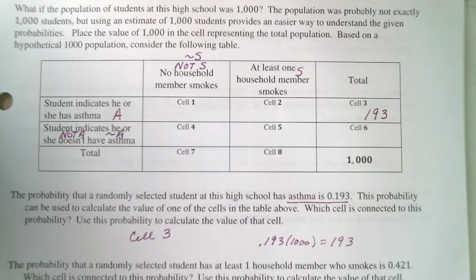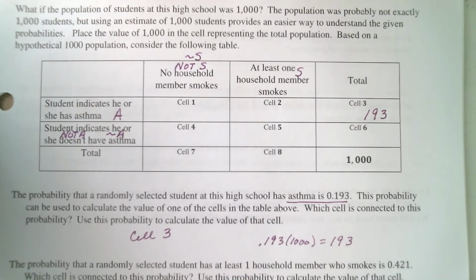The probability that a randomly selected student has at least one household member who smokes is 0.421. Which cell is connected to this probability? At least one household member that smokes, cell 8.